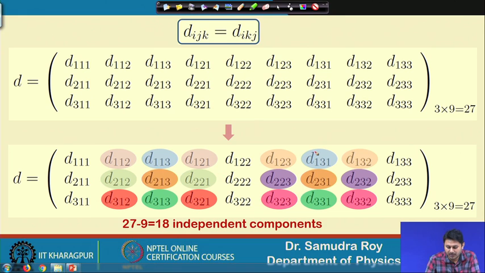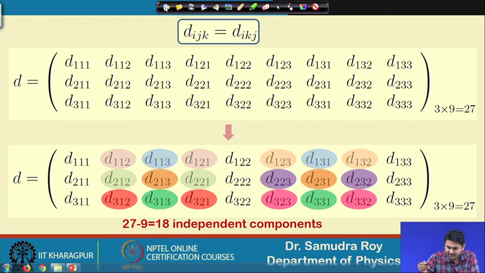All these 9 components and these 9 components are the same. So, we can reduce these 18 components to 9 components, and then 9 components are already there. So 9 plus 9, we will have 18 components. We reduce from 27 to 18, a reduction of 9 components because of this permutation symmetry.